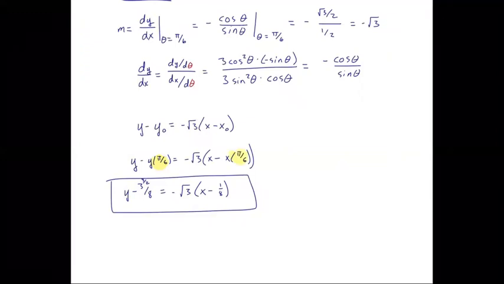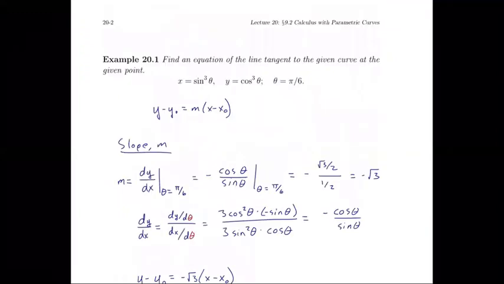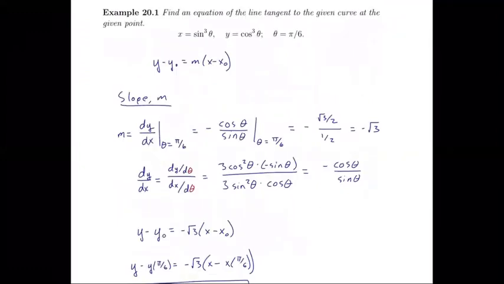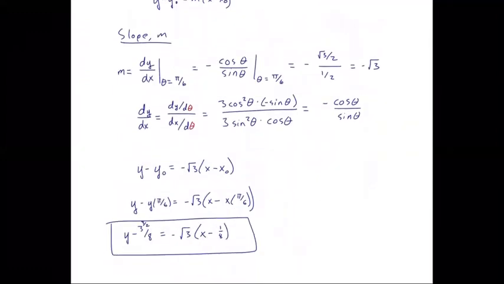Now be careful, this is into y and x directly, not dy dx or dx dt or any of those other derivatives. We literally take pi over 6, plug it into sine cubed theta, and we have sine cubed of pi over 6. What comes out of that is root 3, 1/2 to the third power.